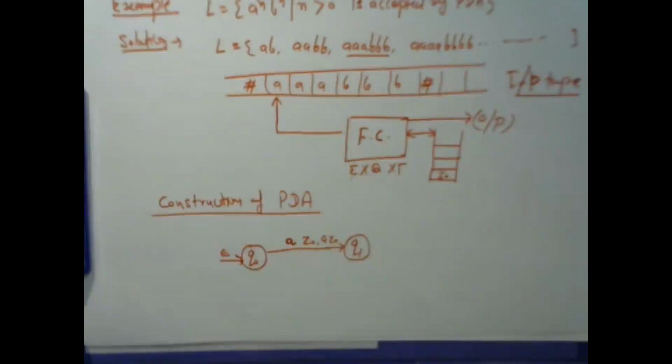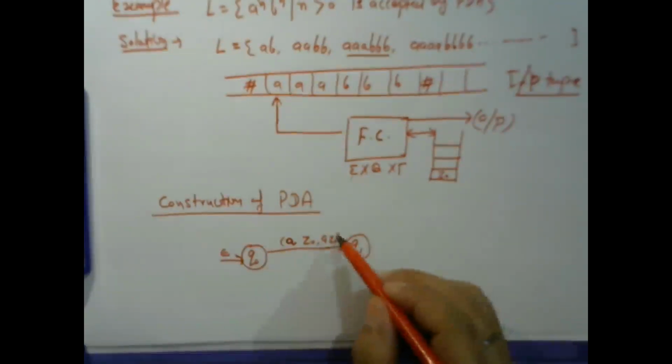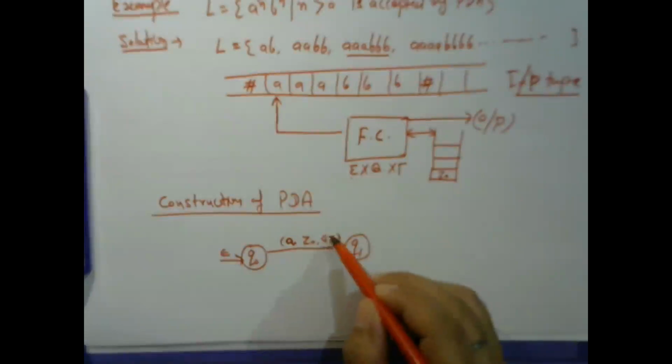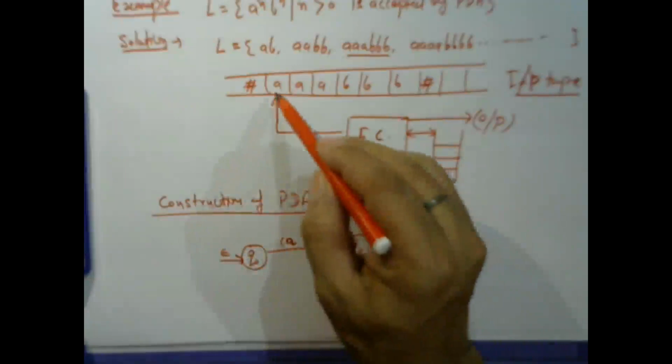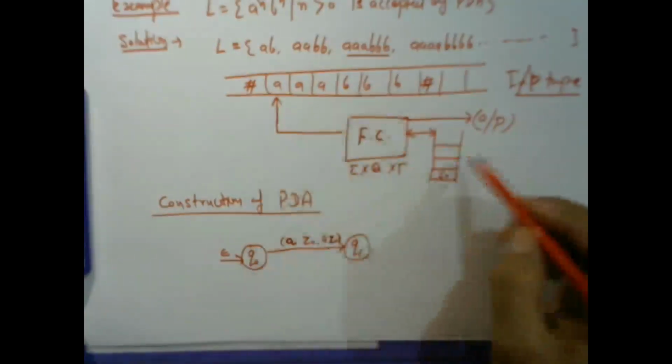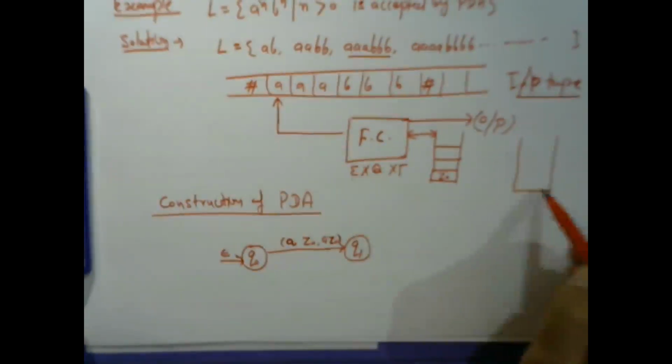This is the first operation. When you insert the first element in the stack, then if A is encountered again, we push the A onto the stack. The first element will be stored inside the stack, so there will be Z0, then A.